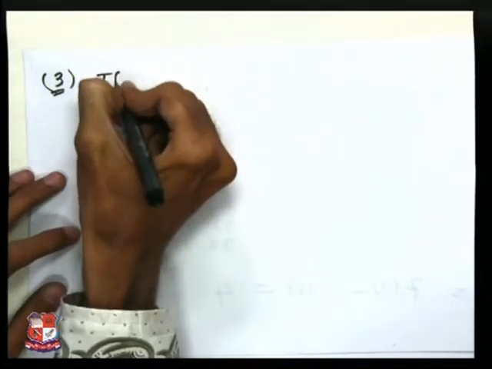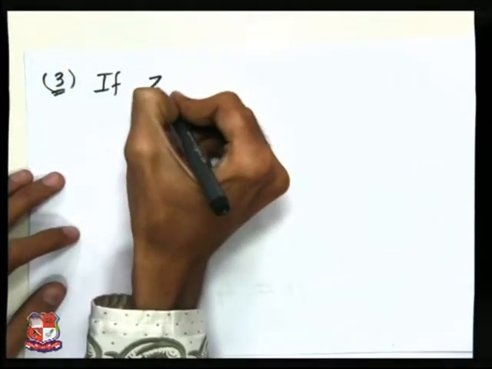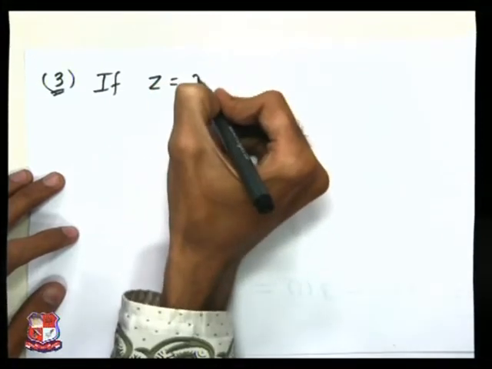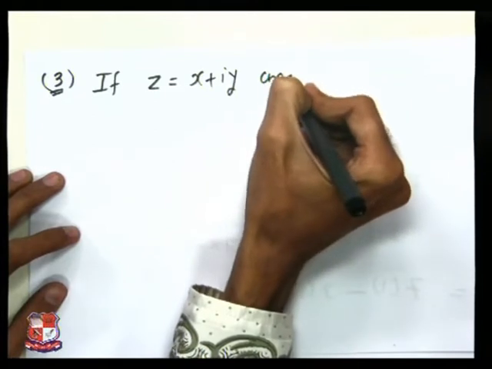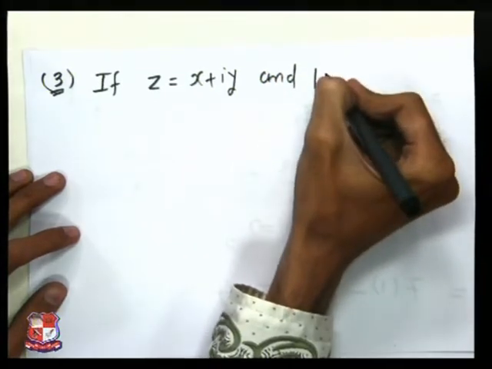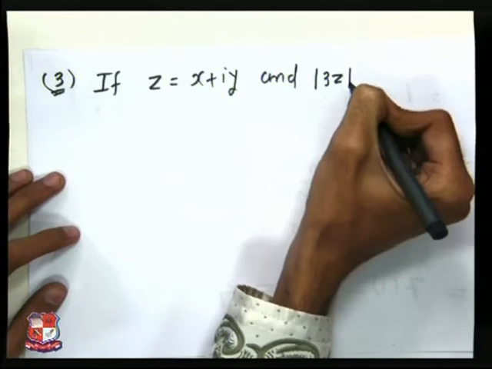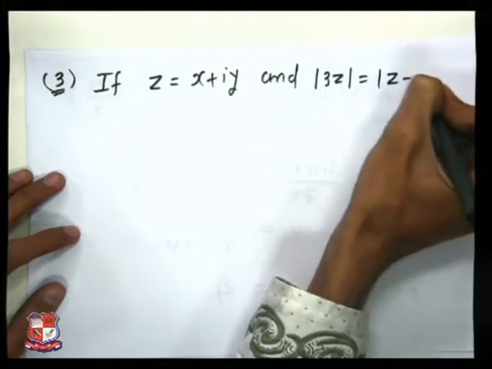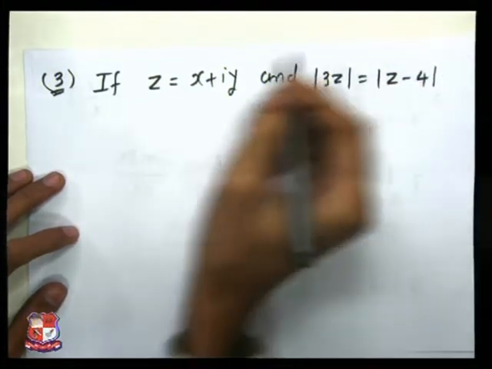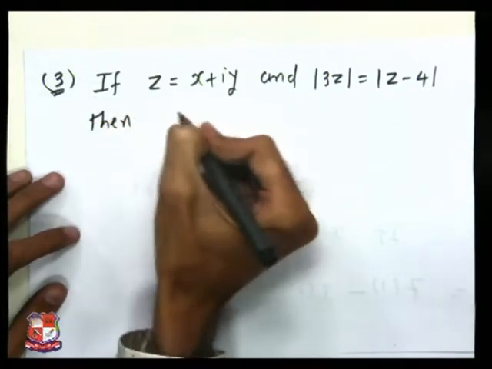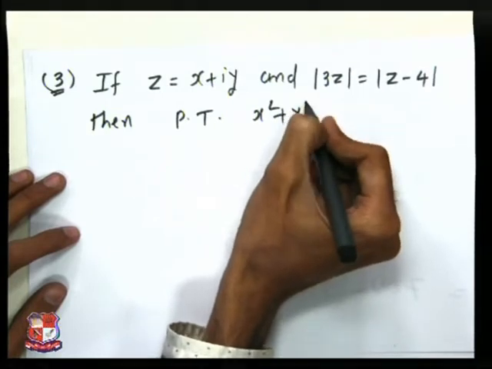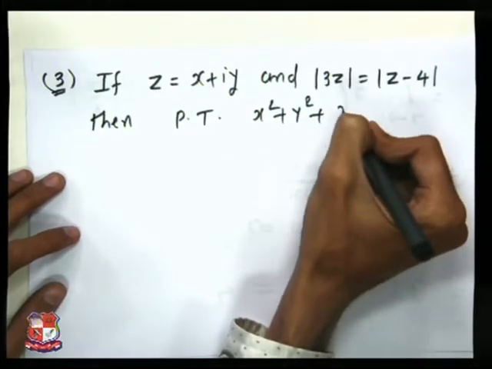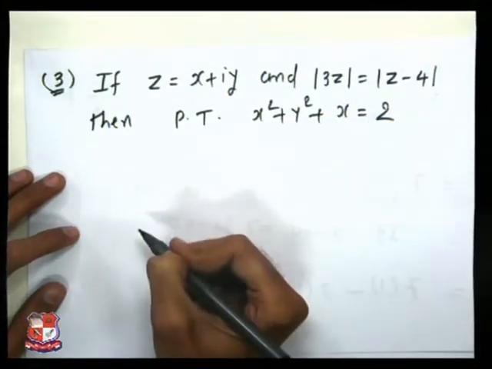So the question is, if z is equal to x plus iy and modulus of 3z is equal to modulus of z minus 4, then prove that x square plus y square plus x is equal to 2.